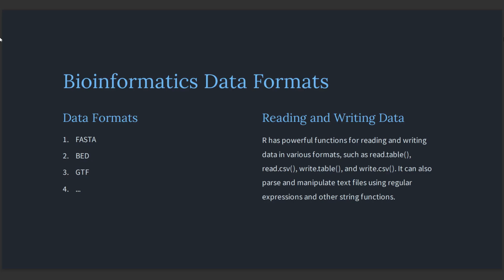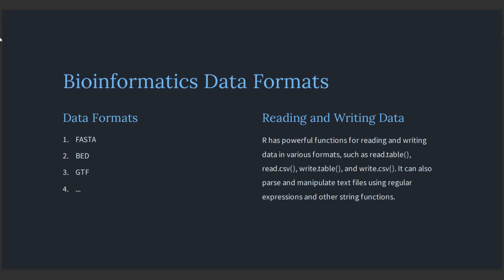Also, we are going to work with some data formats. There are some bioinformatics data formats you can work with, like FASTA, BED, GTF, and GFF, and R has powerful functions for reading and writing data in various formats as well, such as read.table and read.csv.